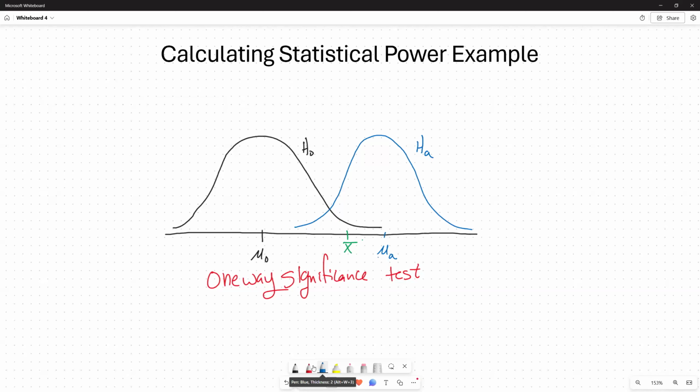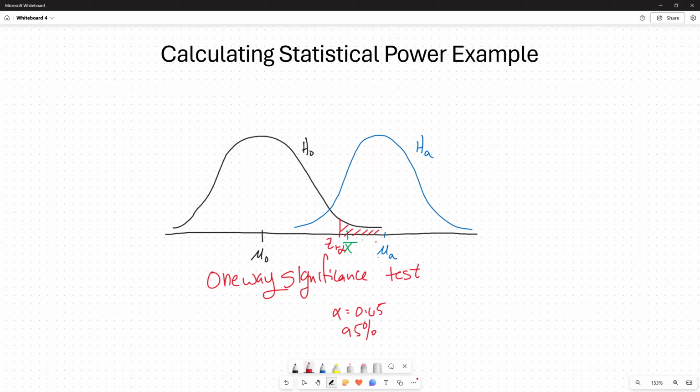And so let's just say that our Z score, we did Z1 minus alpha right there, and 1 minus alpha represents that area. For alpha equal to 0.05, we're looking at a 95% significance test, and that's that area over here. This is the 0.05 area.